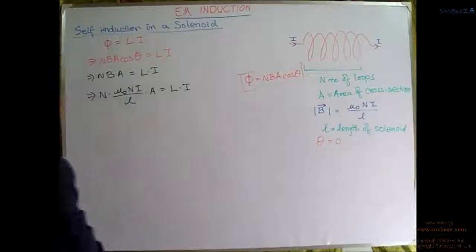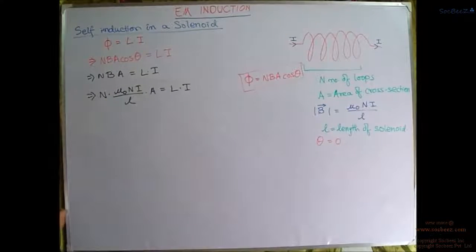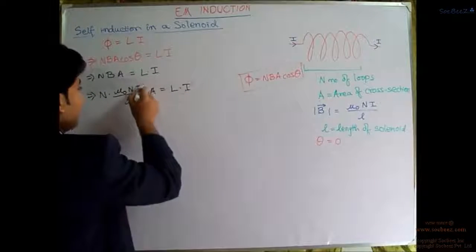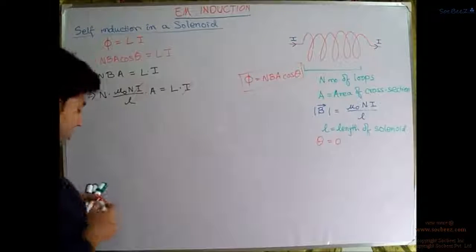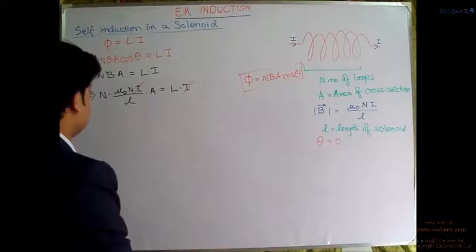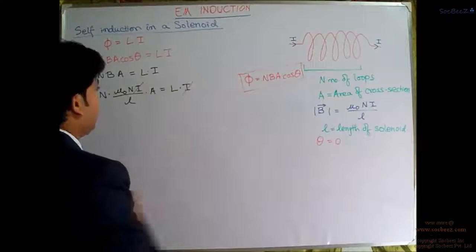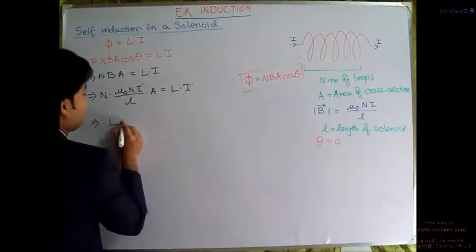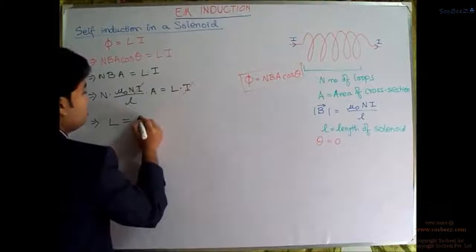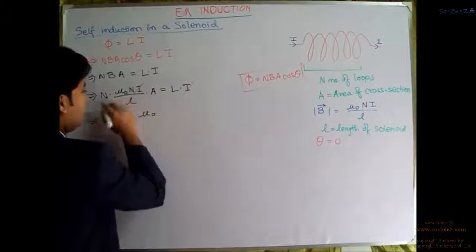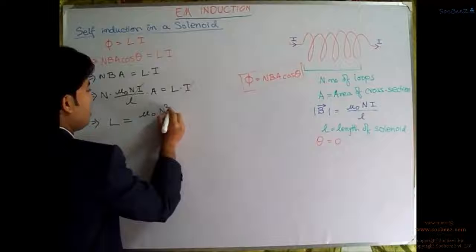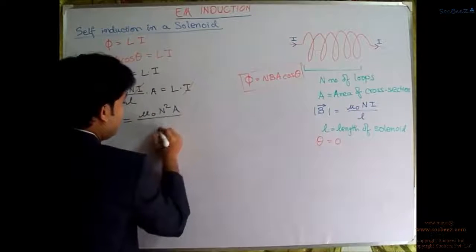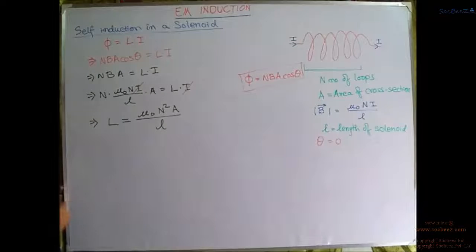Now also, carefully, this i will get cancelled with this i, and we can write this term L as equal to mu naught N square multiplied by the area divided by the length.